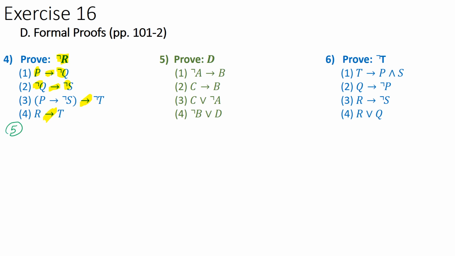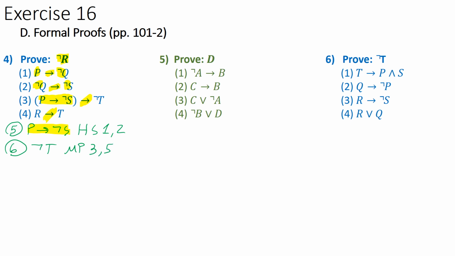So for line 5, let's say if P, then not S, by our hypothetical syllogism with lines 1 and 2. And notice we have this if P, then not S as an antecedent to a big conditional, and we know that in fact is the case, so we could affirm that. Hence for line 6, we can say not T by modus ponens with lines 3 and 5.